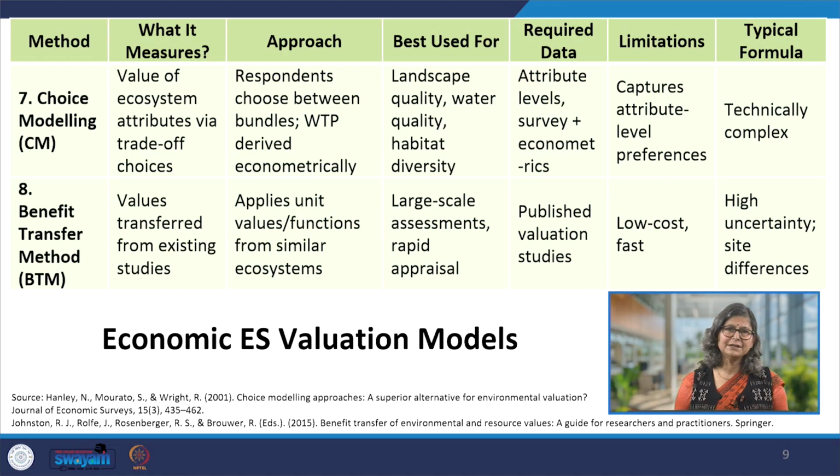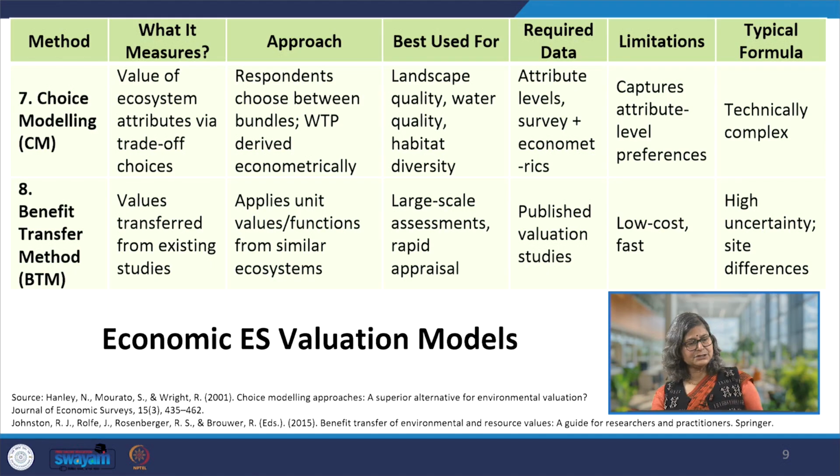The seventh one is choice modeling. It measures the value of ecosystem attributes via trade-off choices. The approach it utilizes is that respondents choose between bundles, so WTP is derived econometrically here. It is best used for landscape quality, water quality, habitat diversity, like that.